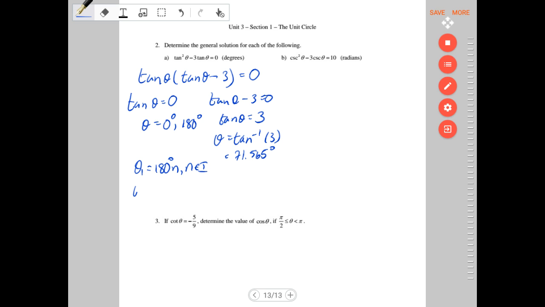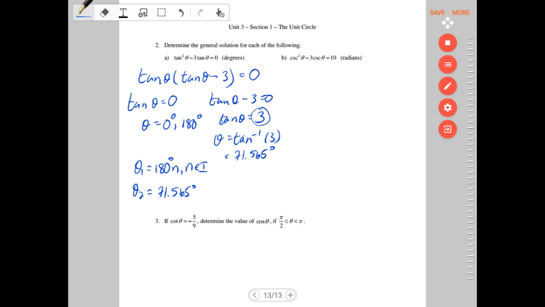Theta 2 is at 71.565 degrees. Now, where does tan become positive again? Because if you notice, tan theta is equal to positive 3. So where else is tan positive? According to the CAST rule, tan is positive in quadrant 3. So how do I get from quadrant 1 to quadrant 3 in degrees?